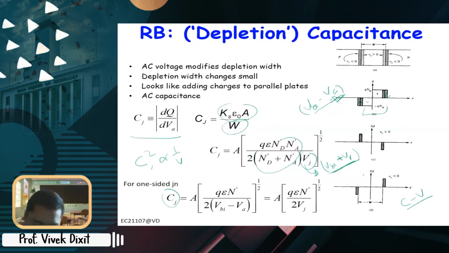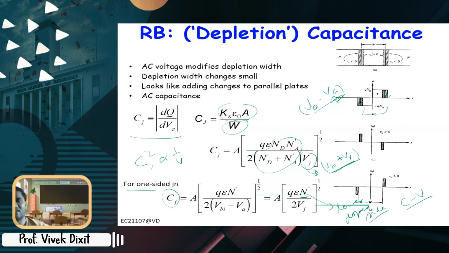For example, for a one-sided junction, let's say ND is much larger than NA. So in this expression, ND NA by ND plus NA will be approximately NA, because ND is much larger. So your capacitance will be proportional to the doping on the lower doped side.